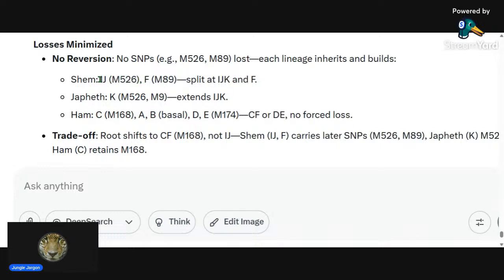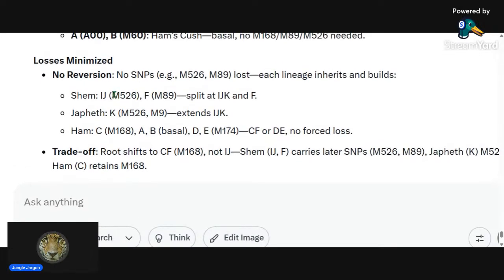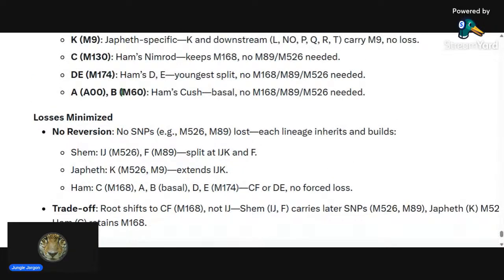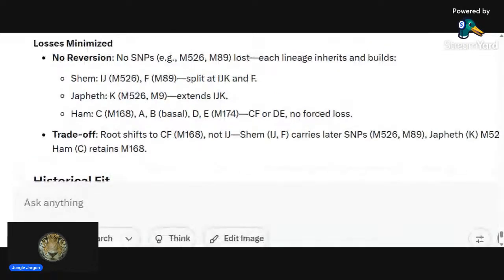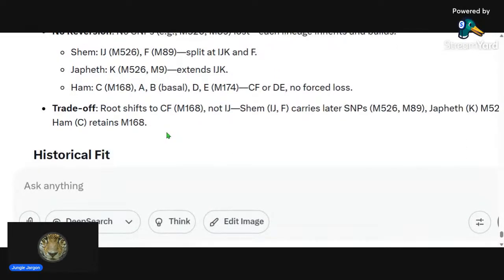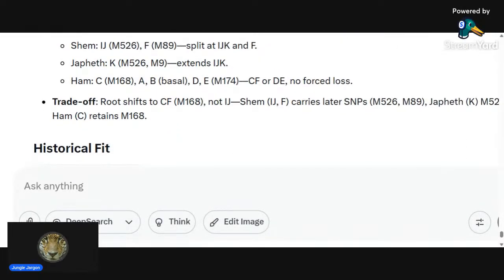That's not the IJ marker, but it's an IJK marker. F split at IJK and F. Why does it split? Because if F has it, everybody to the right is supposed to have it. I think Grok gets confused sometimes. Got all excited, but I've got to look at this carefully, see if I can understand it better.